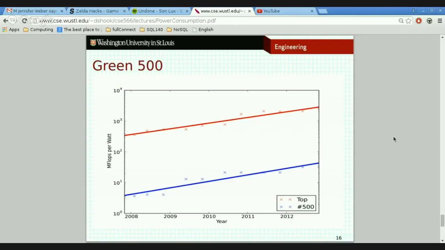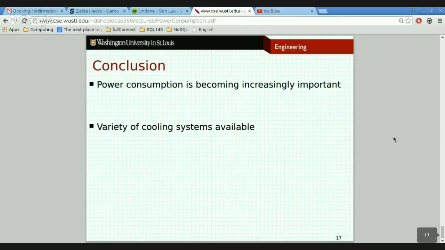So power consumption has the attention of the high performance computing community, and it's become a major topic worth addressing. So to wrap things up here, to bring this topic to a close, of course, it's very important. Consumption of power is up, and I don't see that slowing down anytime soon.